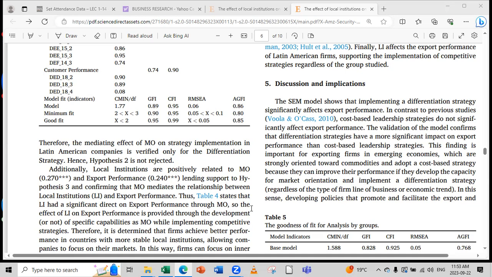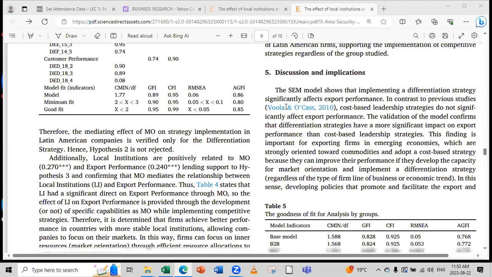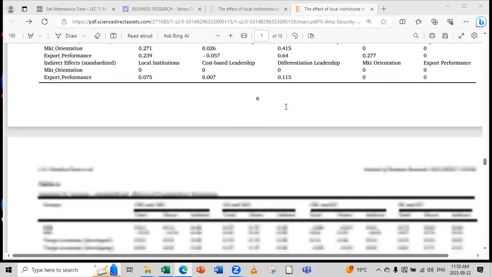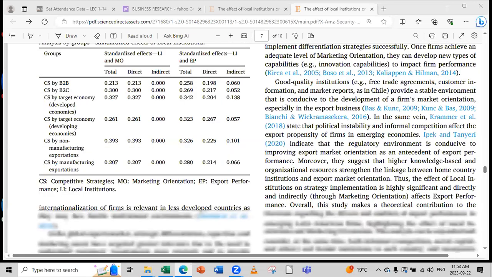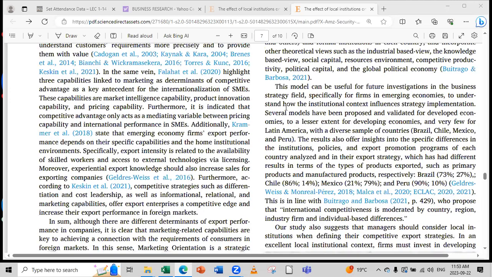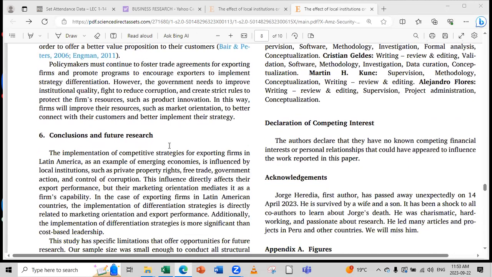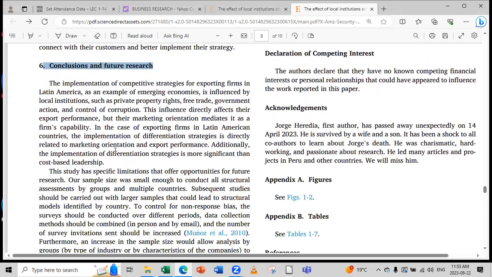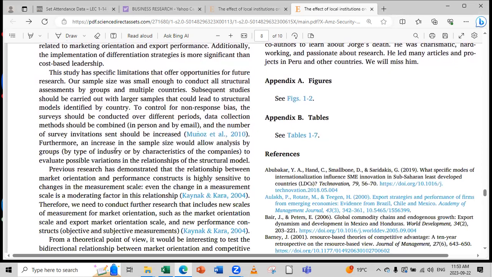Same thing likewise. So here, I will go for discussion and the implications. Those are the results. Then, based on the results, conclusion and future researches, where I will put my own recommendations.